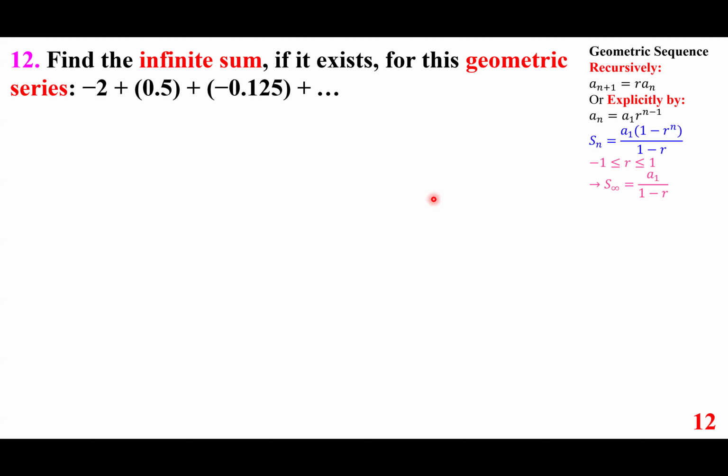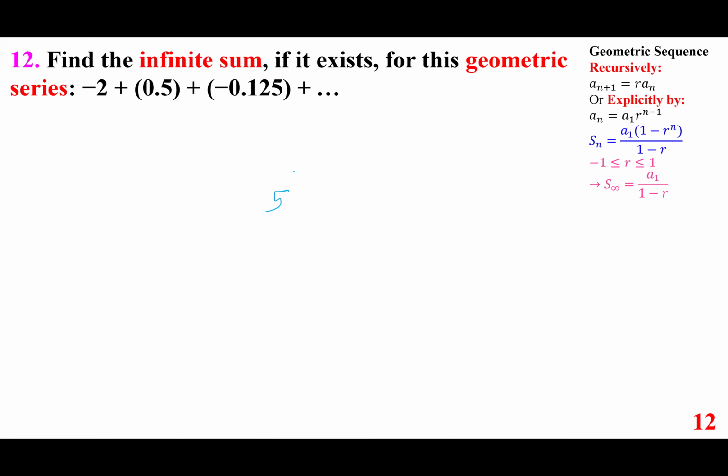Now, if you are calculating this infinite sum, you may not have an answer because it just gets larger and larger without bound. However, if R is between -1 and 1, as n gets larger, R to the power of n gets smaller.